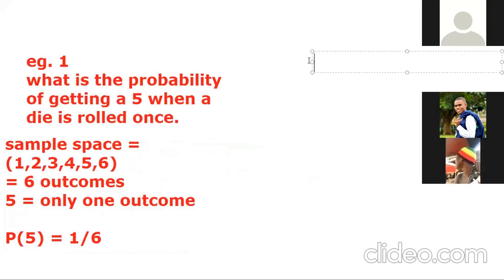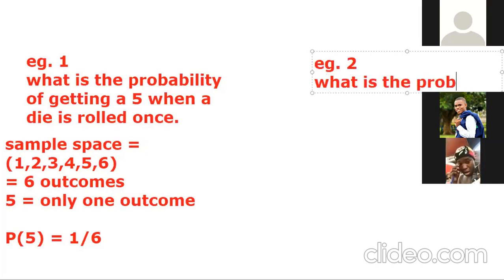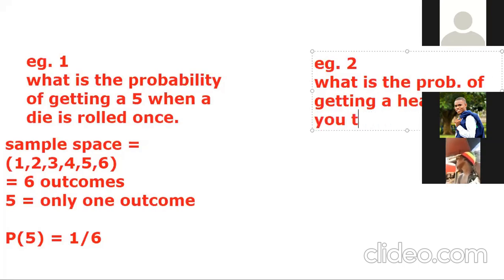Okay, so now example 2. What is the probability of getting a head when you toss a coin once? That's our second example.